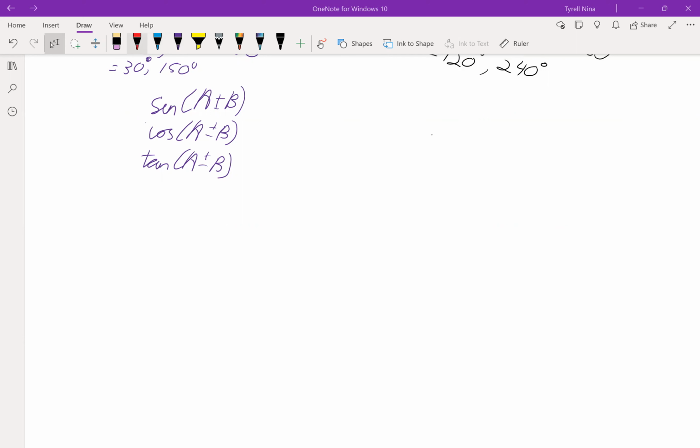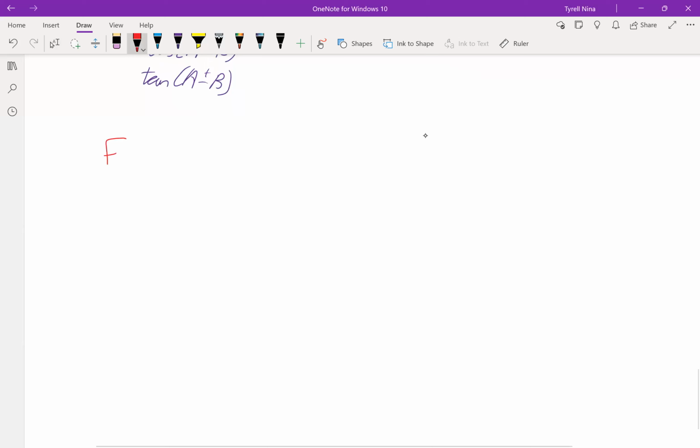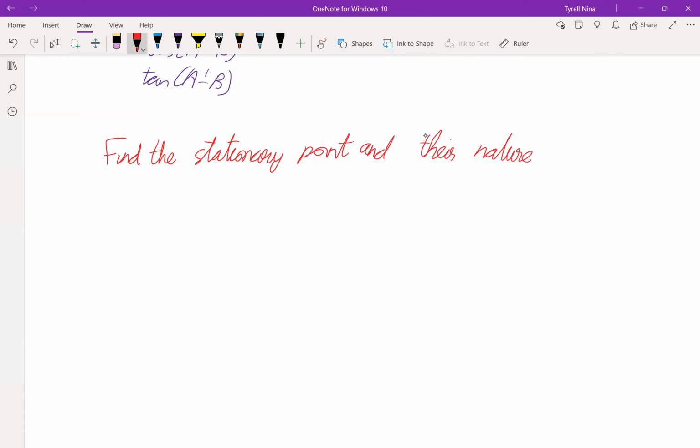Let's do a quick one here, right? Find the stationary point and its nature for y equals x squared plus 3x plus 5.